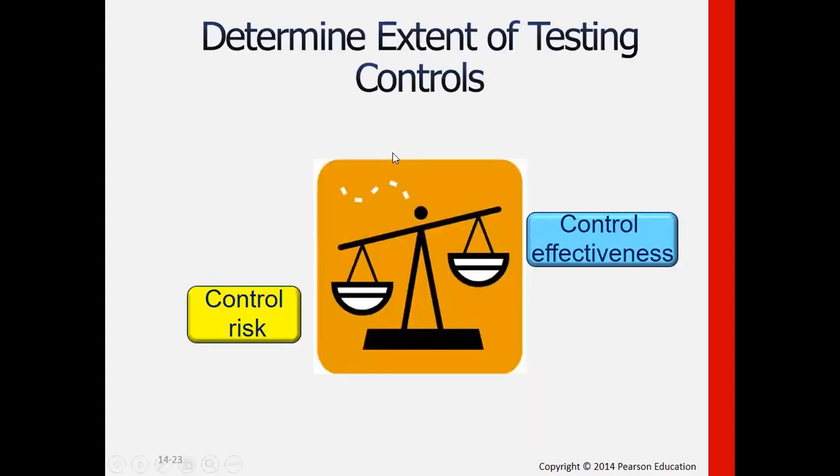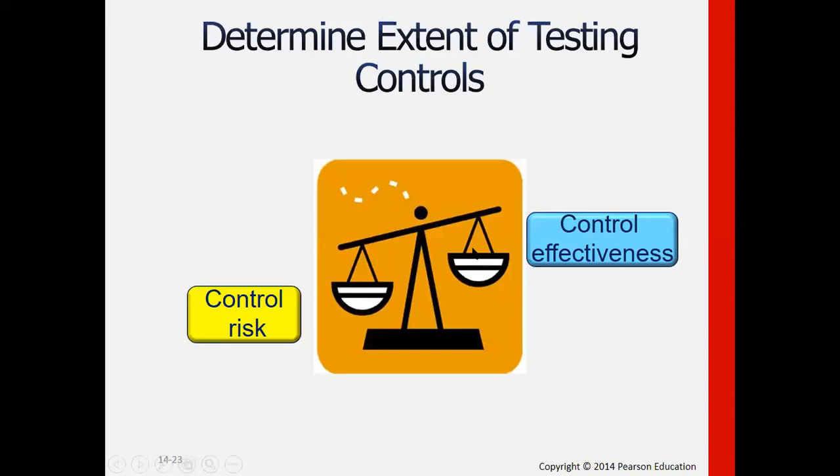Then the extent of testing of controls. If you can notice, here is a weighing scale. On the left side, we can see the control risk, and on the right side, control effectiveness. You can notice that when the control risk is lower, the control effectiveness is heavier.